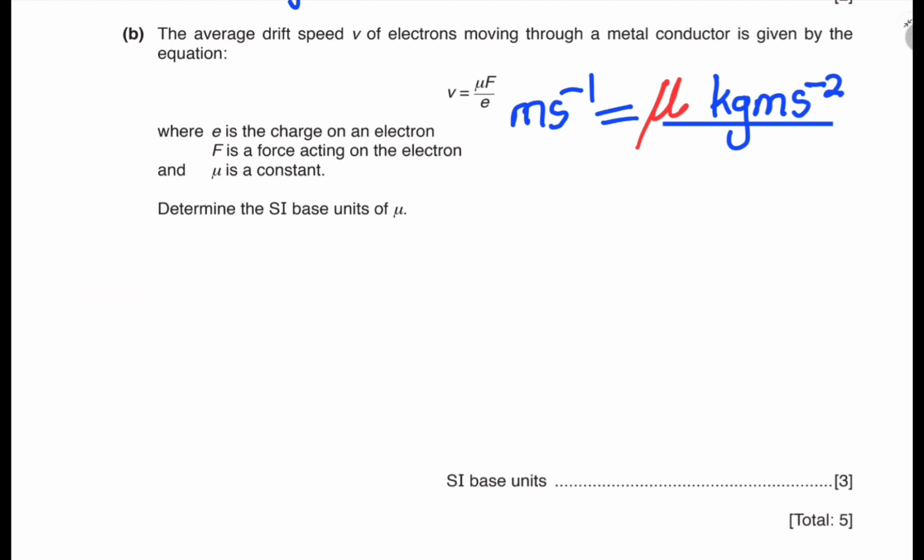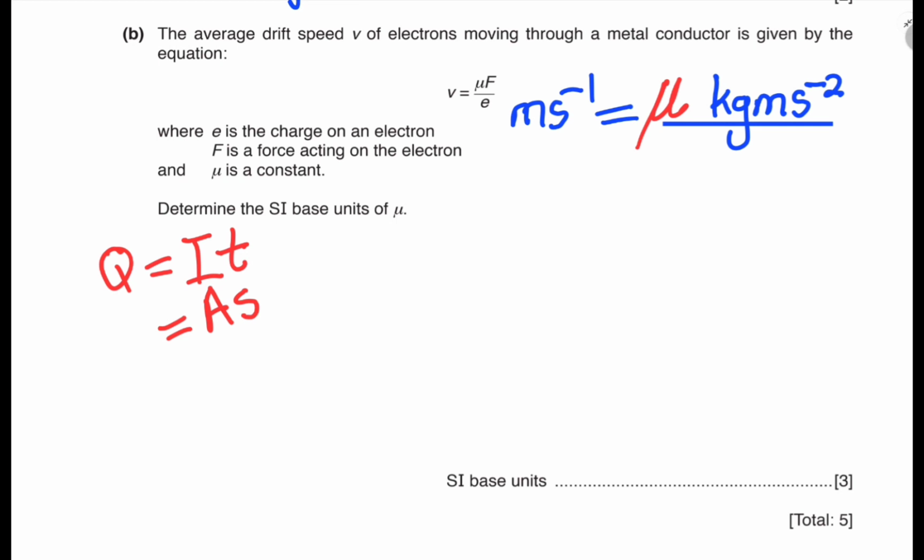Now we take a look at the denominator, which is the electron charge. Charge is calculated as current times time. And the SI base unit for current is the amp. The SI base unit for time is seconds.